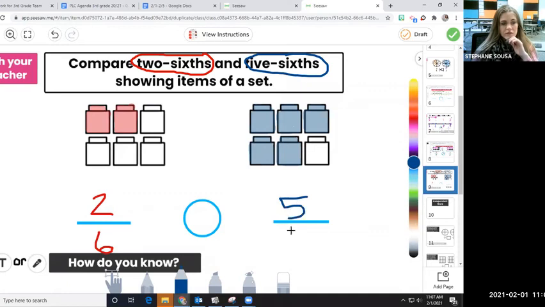So now I have 5/6. I've been asked to compare them. So when I look at these, I can see that there are more blue pieces than there are red pieces. So my comparison symbol will be open toward the larger fraction, which is 5/6.